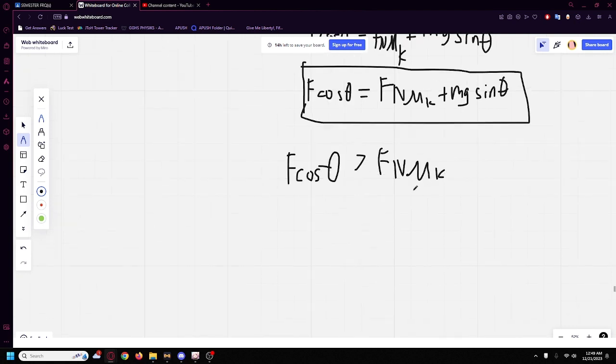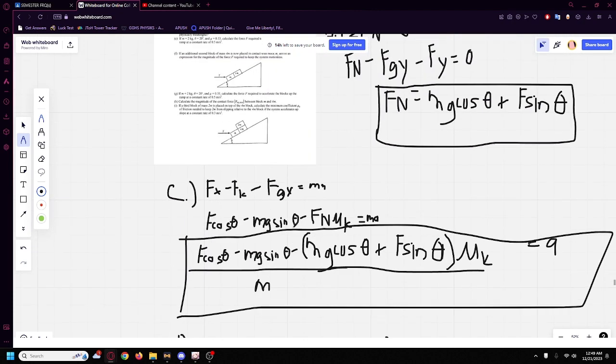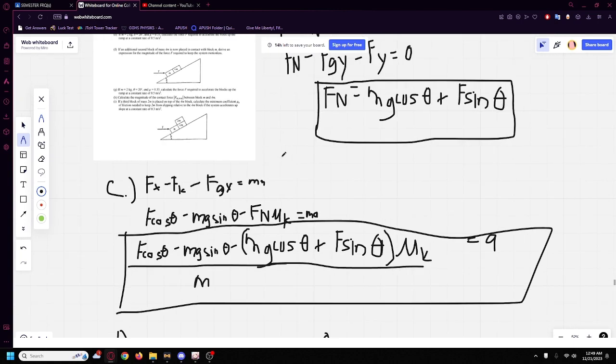So this is when cosine theta is greater than sine theta mu_k, and this means that if you divide sine over, cosine theta over sine theta will be greater than mu_k. And that's when the relationship is successful.